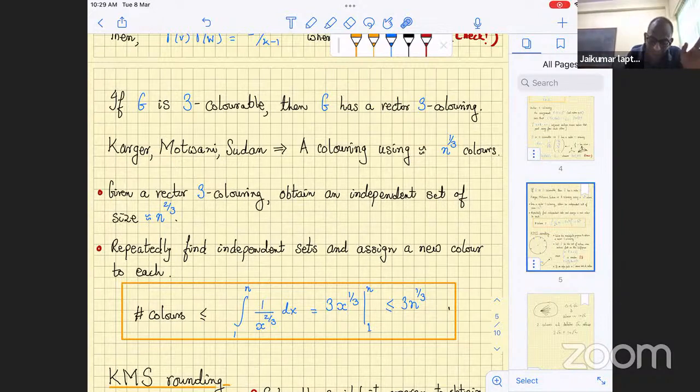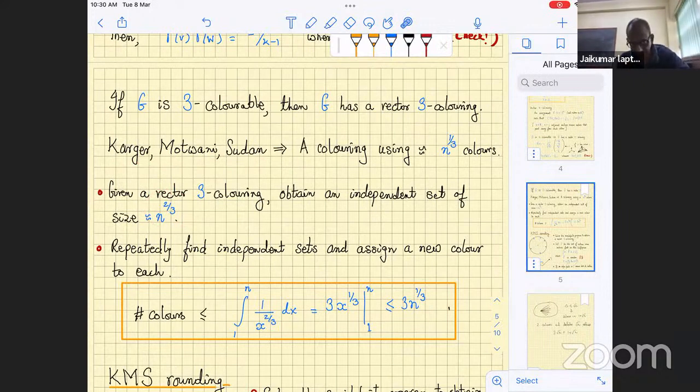But here we have a vector 3 coloring. And from the vector 3 coloring, you will be able to pick an independent set of size n to the 2/3. Okay. So this will be the main part of the discussion. And once you are able to do that, so you start with the graph, feed it to the semi-definite program. Semi-definite program gives you these vectors. Once these vectors have been obtained, use this technique, which I'm going to discuss now, to obtain an independent set.